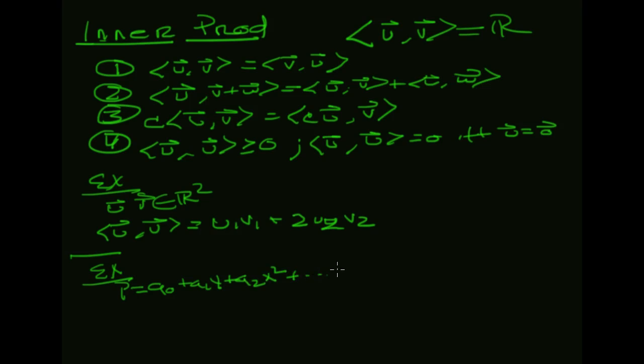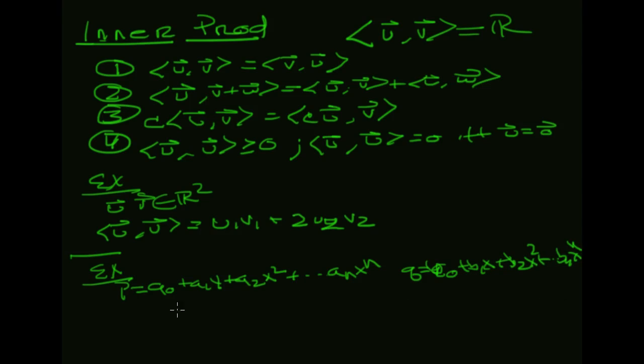There we go. Out to an x to the nth. And q is going to be b0 plus b1x plus b2x squared out to bn x to the n.